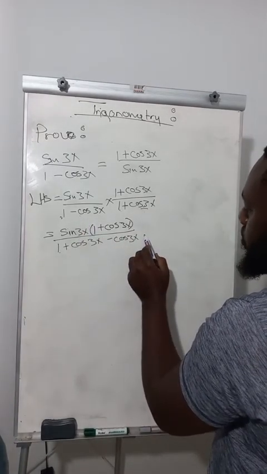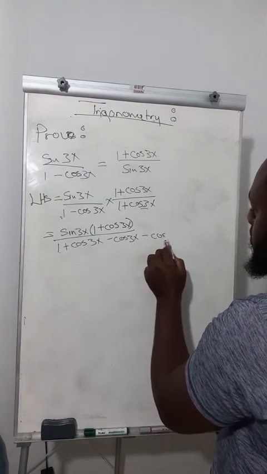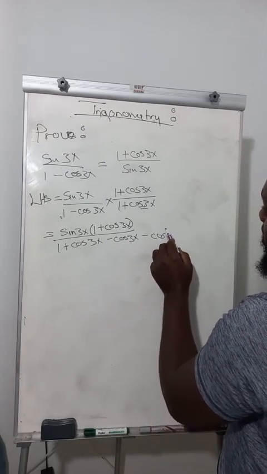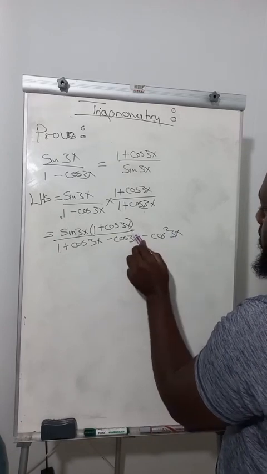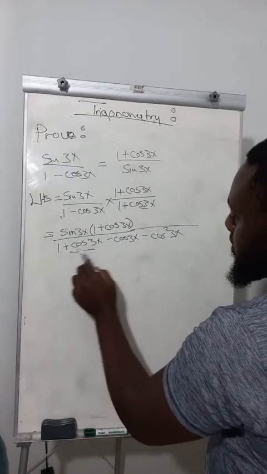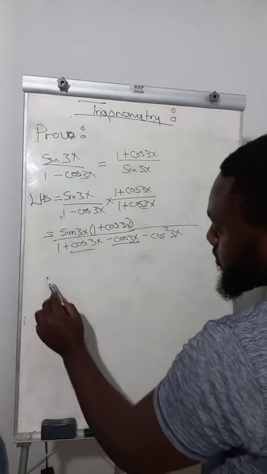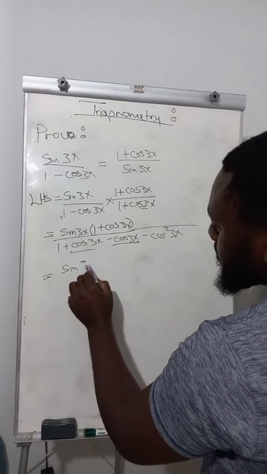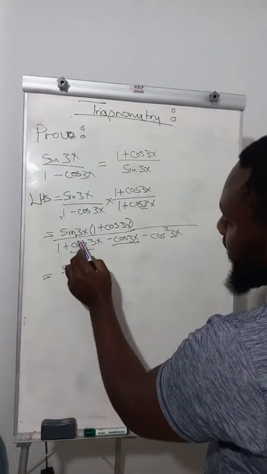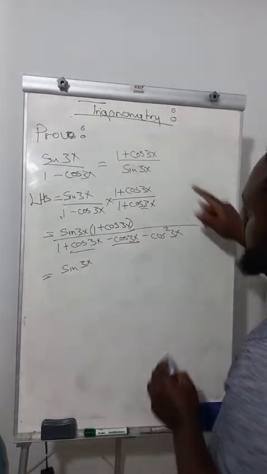It will give you negative cos squared 3x. So this and this will go out. It means now you'll be left with sine. I am not finding the product of this because of what I'm seeing here.